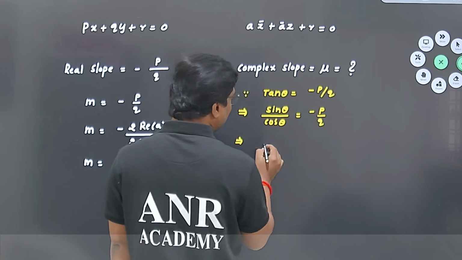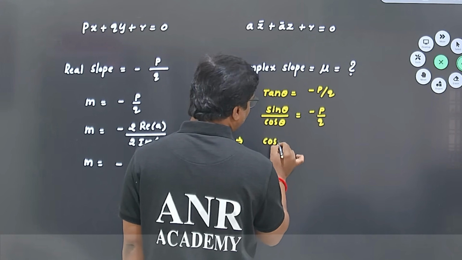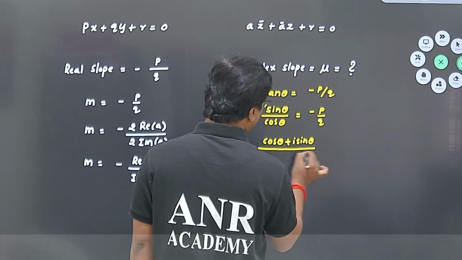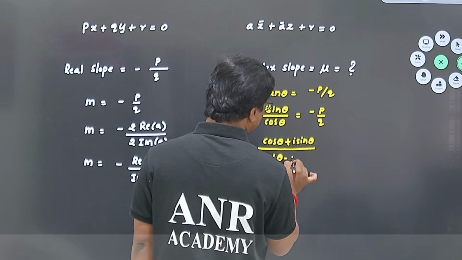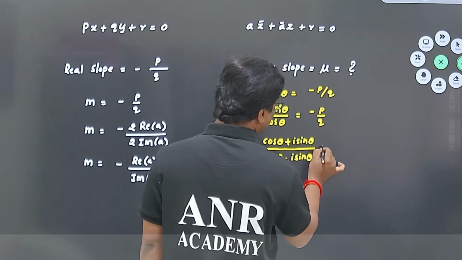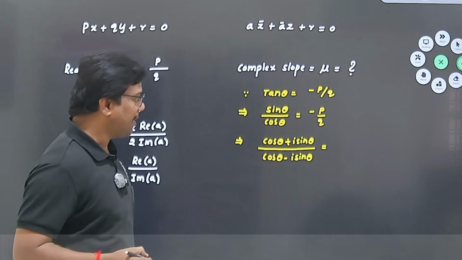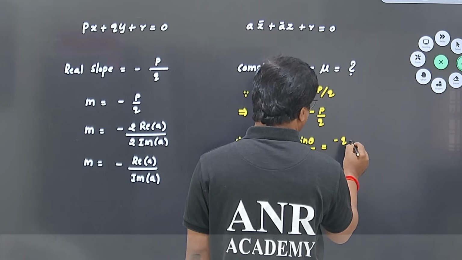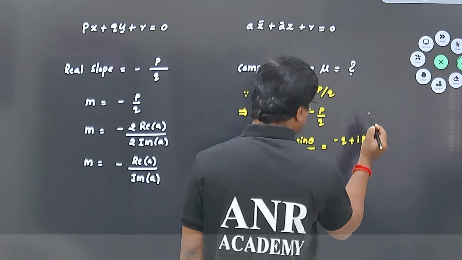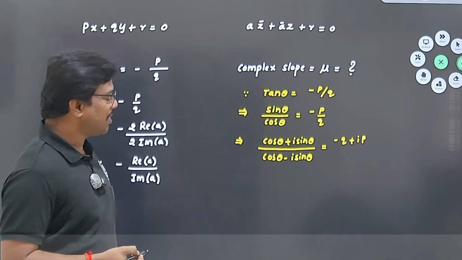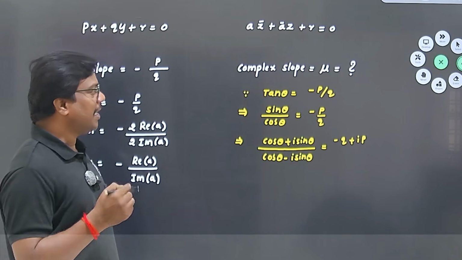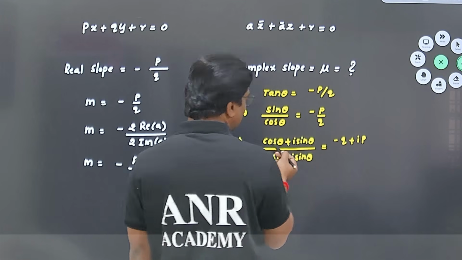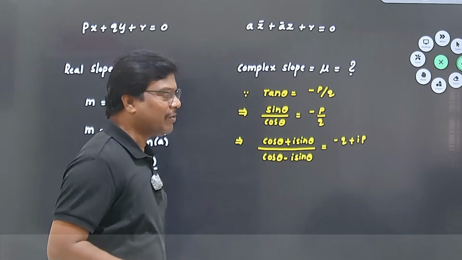If I write the numerator as cos theta plus i sin theta and the denominator as cos theta minus i sin theta, in the right hand side I can write minus q plus i p. Suppose cos theta equals minus q, sin theta equals i p.